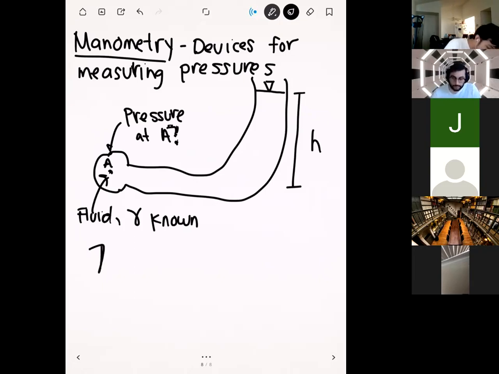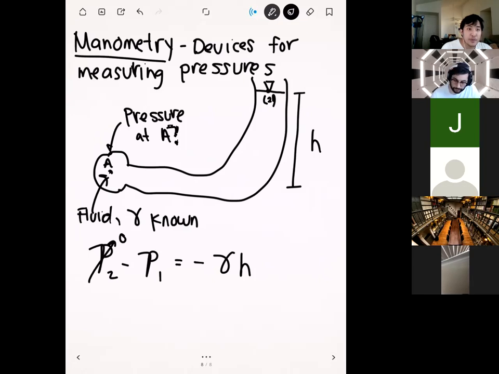Okay, so we can do P2 minus P1 is equal to minus gamma times H. If we make location 2 at the free surface up there, we can say that P2 is equal to 0, because that's going to be the gauge pressure. Because we assume any pressure that's atmospheric is equal to 0, P2 is equal to 0, and we can make location 1 equal to point A. Okay, and so what we can say from this is that P at A is simply equal to gamma times H.